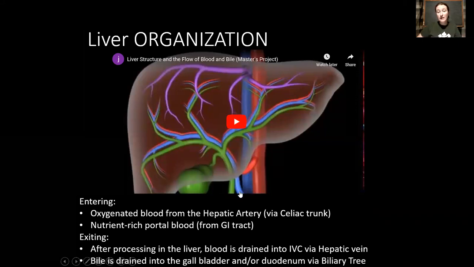So this blue vessel here is nutrient rich, but it is blue because it is oxygen poor. All right, so that blood has just dumped off a lot of oxygen to the intestines and in exchange picked up nutrients. So that is what the liver is actually going to be filtering.